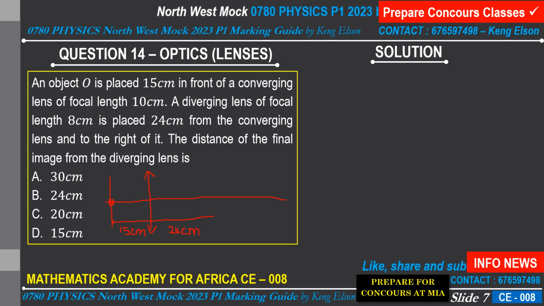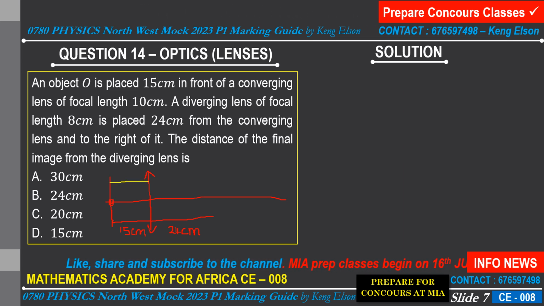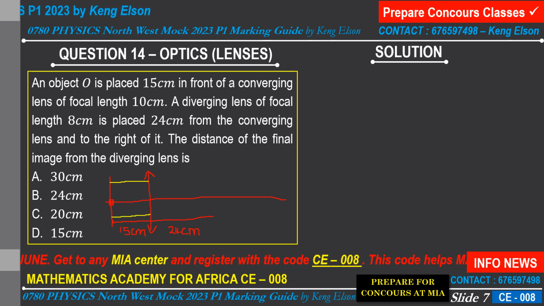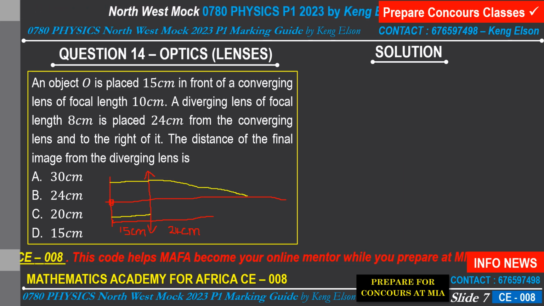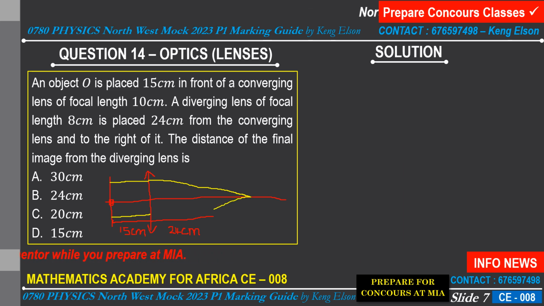If that lens was not there, if rays from the object are incident on the converging lens, at first they are perfectly horizontal, but this converging lens is going to converge them to fall on the principal axis. So this is where the image is going to be formed. So this converging lens actually converges those rays.